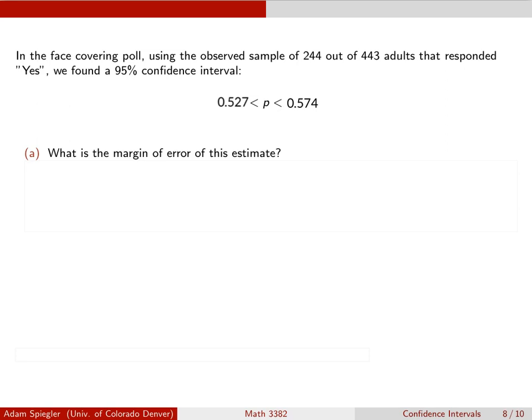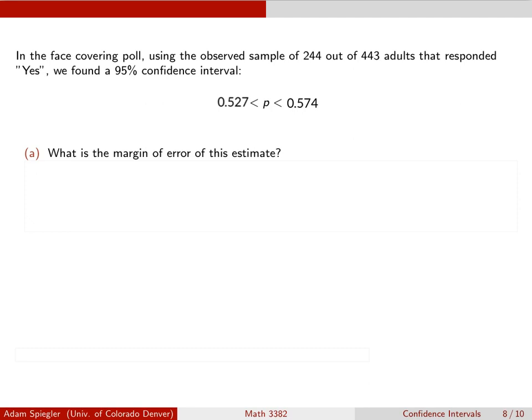And so the method I want to consider here is if, let's say we're doing it by hand using the Agresti-Coull confidence interval. We showed on the previous video that the 95% Agresti-Coull confidence interval would go from 0.527 up to 0.574.